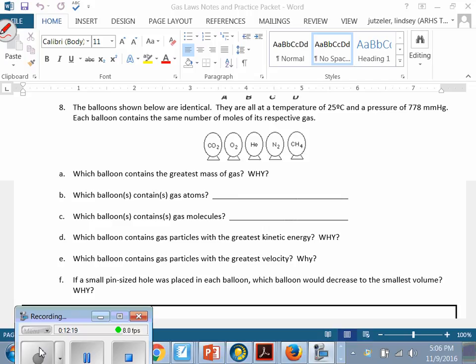Question A is asking which balloon contains the greatest mass of gas and why? Because these are all at the same temperature and the same pressure, and the balloons are identical, they have the same number of moles of gas. So they also have the same volume. And that's by Avogadro's law.